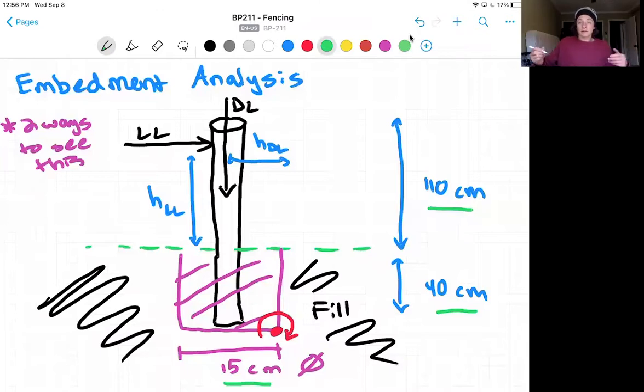But note that the code that we'll discuss later talks about the moment at grade. So we're not going to be concerned with recalculating that moment. We'll use the same moment from the post analysis above and the same dead load from the post analysis above, because we're looking at this at grade.